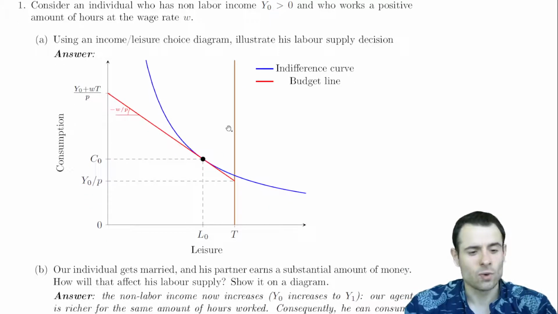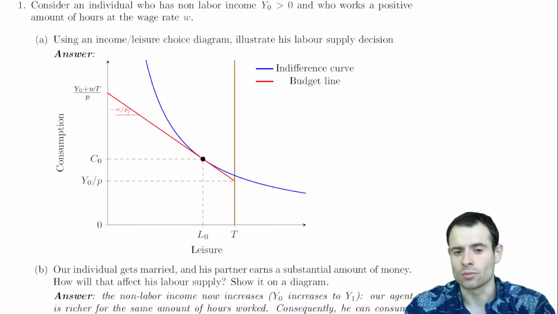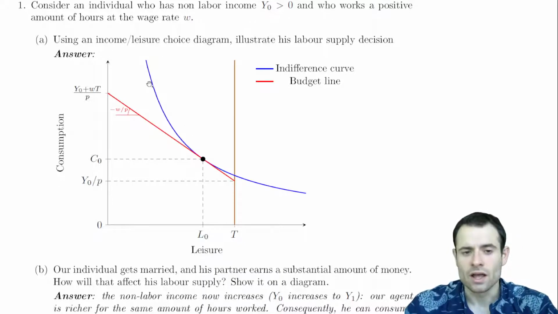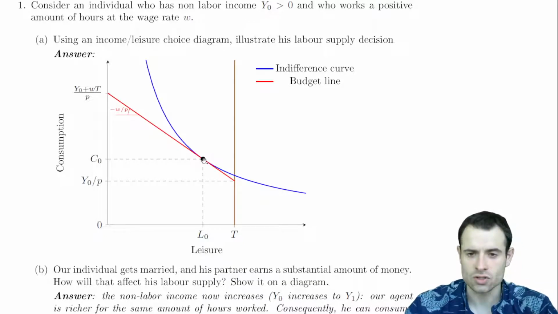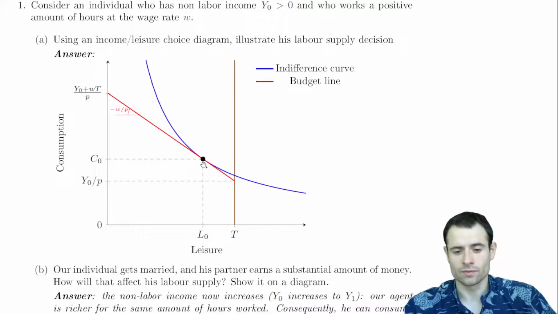The highest possible indifference curve is going to have to touch one way or another the budget constraint. Any bundle above the budget set is not affordable. Hence, the highest possible indifference curve our individual can reach will be located at the tangency point between the budget constraint and the indifference curve.